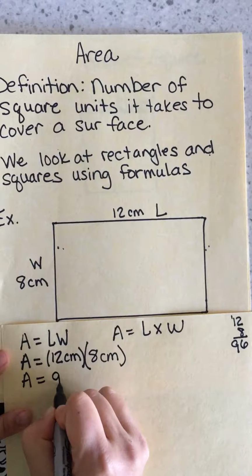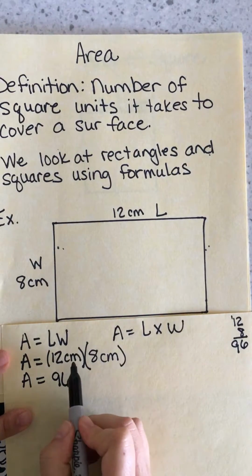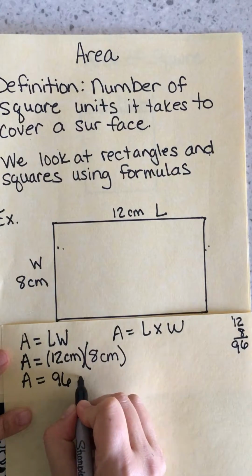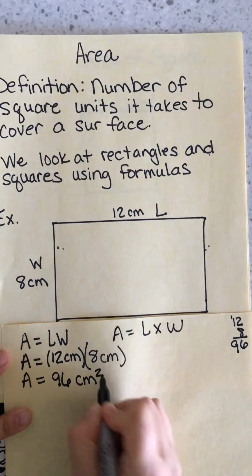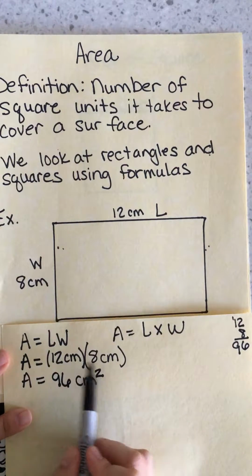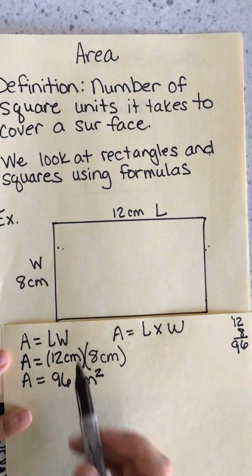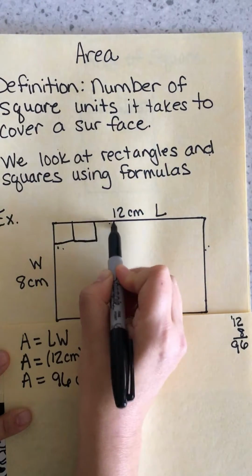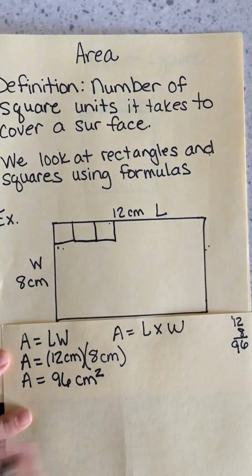And then the reason I like the centimeters is because I'm multiplying a centimeter times a centimeter, that would be a centimeter squared. Remember, the units we're using to cover space are two-dimensional. They have length and width. So we're looking for how many squares it takes to cover this. So we're not using a straight line like you would just for perimeter. You're finding a distance.